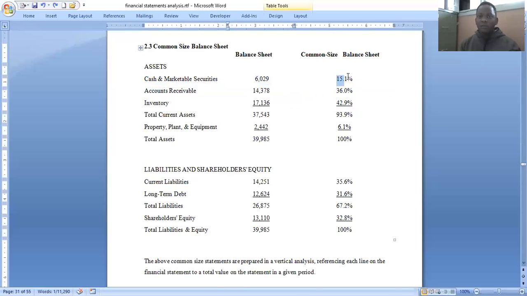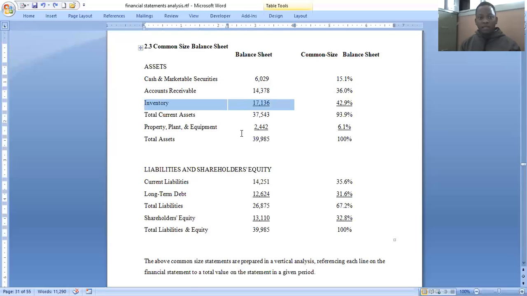It will give us 15.1%. The same case for accounts receivable, the common size ratio is 36.0%, which is equal to 14,378 divided by 39,985.